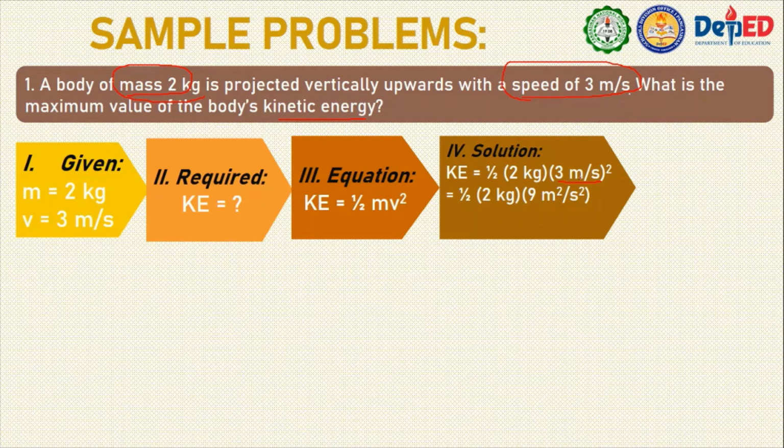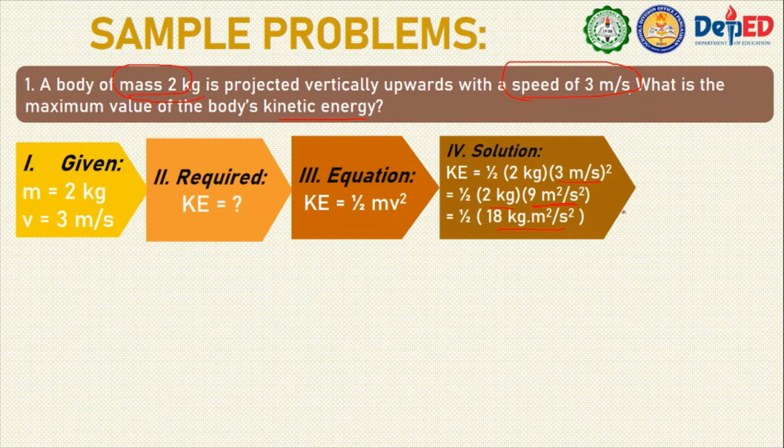So, 3 meter per second times 3 meter per second is equal to 9 meters squared per second squared. Okay? The next step, we are going to multiply the mass and speed. So 2 kilograms times 9 meters squared per second squared. So the answer is 18 kilogram meters squared per second squared.